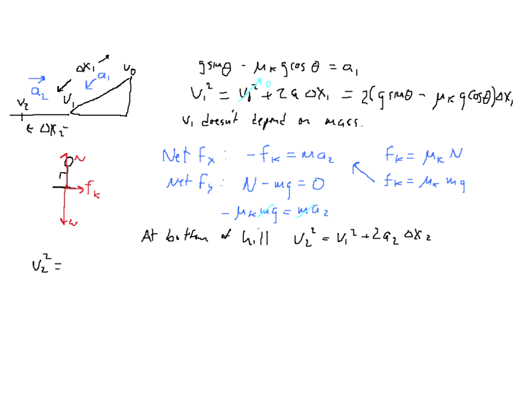So v2 squared equals v1 squared, so that's 2 g sine theta minus mu sub k g cosine theta, delta x1, minus 2 mu sub k g delta x2, where this is a2.